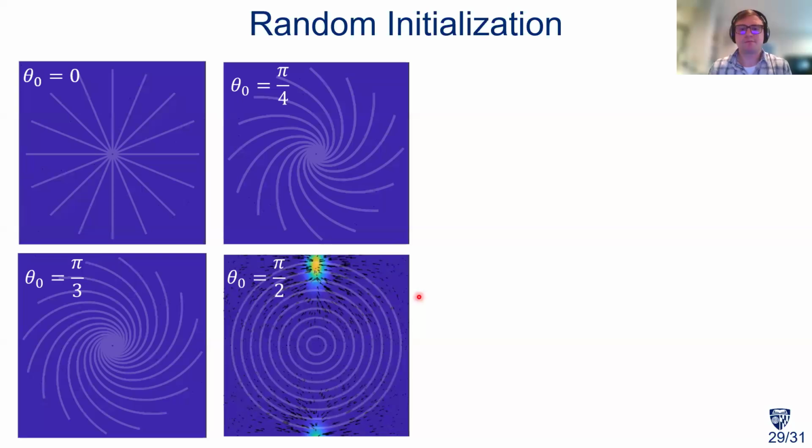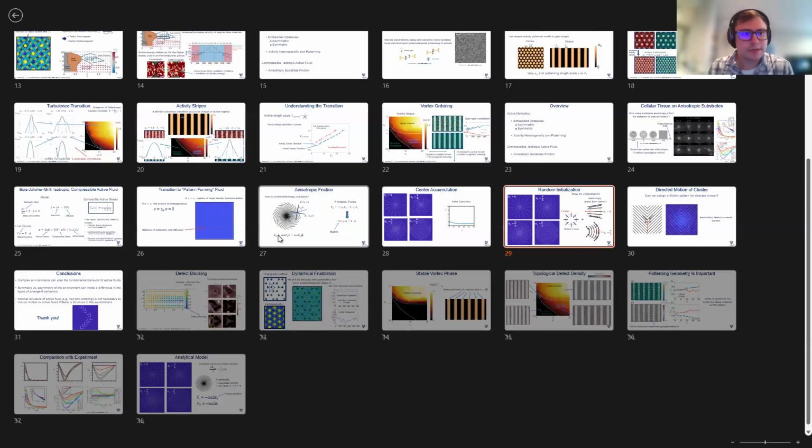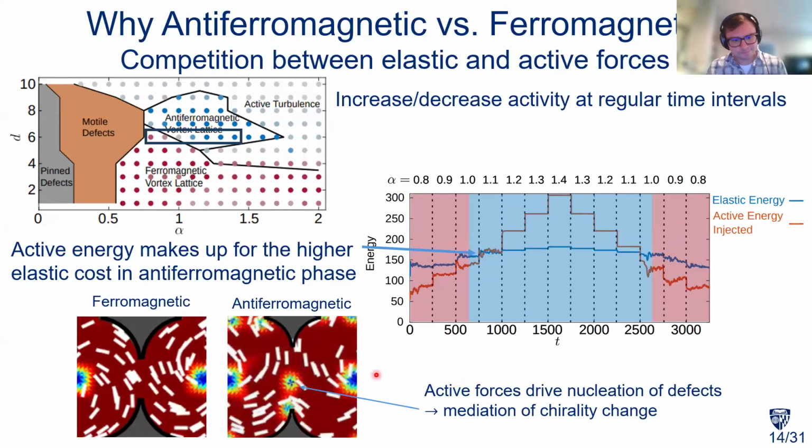Yeah, so I think there's a couple reasons probably why it's favorable. For one, let me see if I can go back to that slide. Why the active energy favors antiferromagnetic? For one, it's inducing topological defects, and these topological defects need to sit somewhere. If these topological defects have to exist, it's minimizing the elastic energy for them to sit perfectly in the middle, and they will mediate this change.